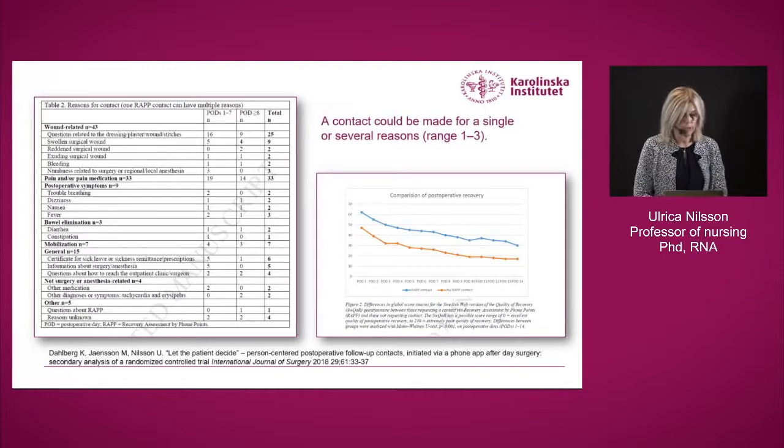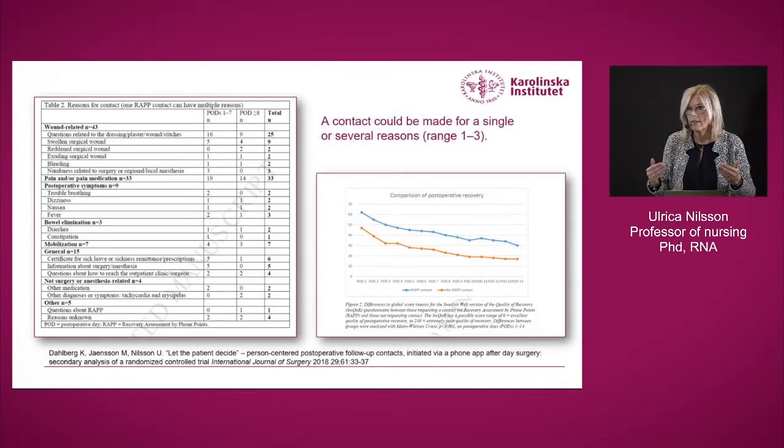But it could also be about other things not related to the surgery, where they wondered if it was related to the surgery or anesthesia. It could be diarrhea, as we have assessed as well. It could be about the information. They wanted information about the surgery because they had amnesia.